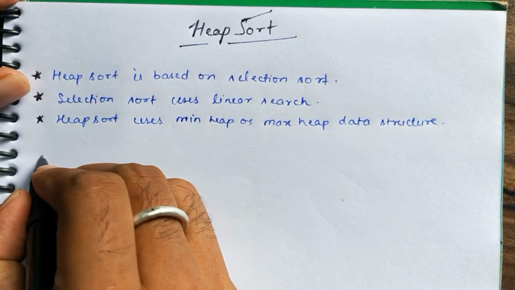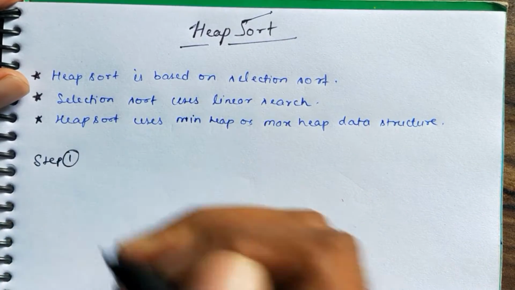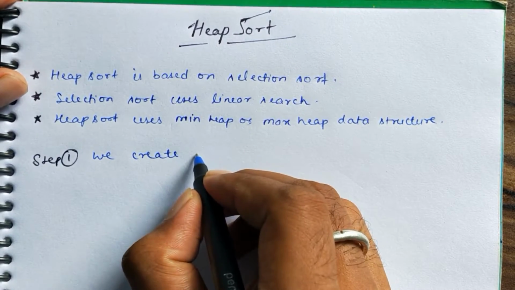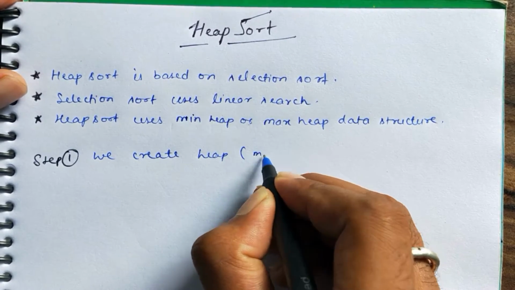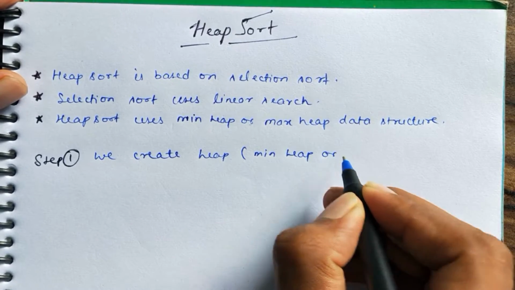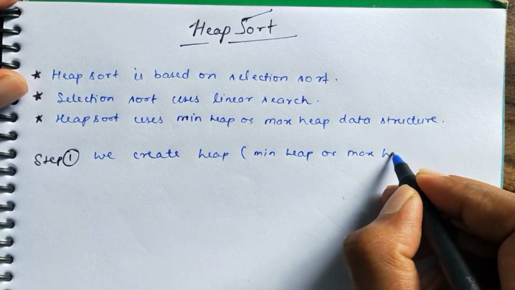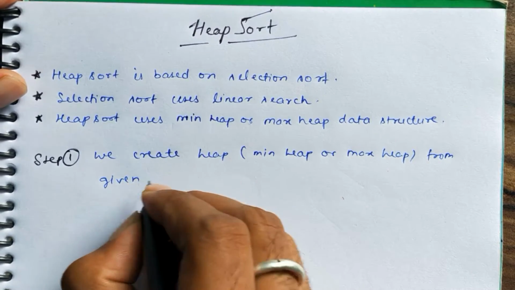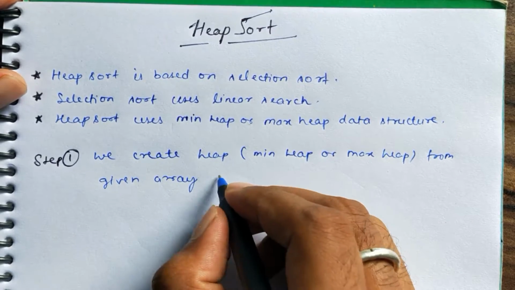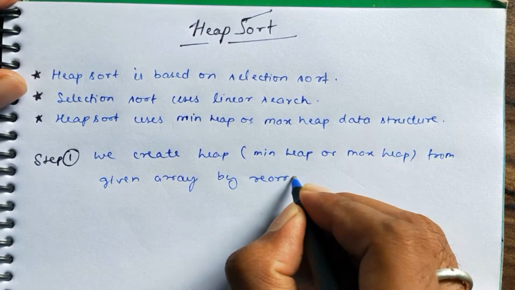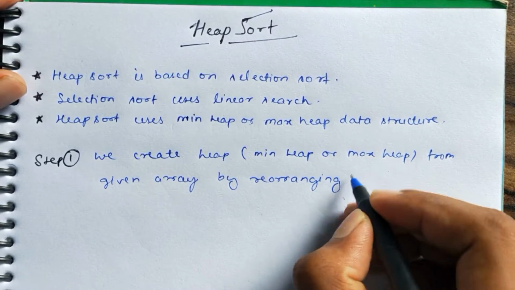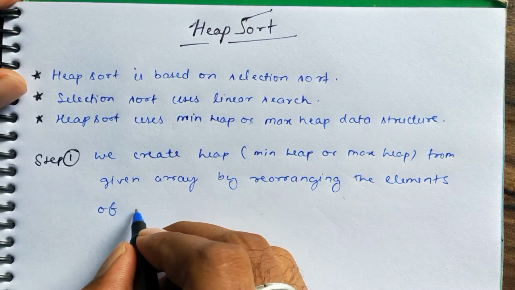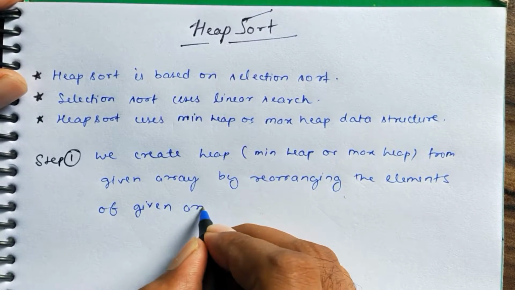So step 1. In step 1, we create a heap, that is min heap or max heap, from the given array by rearranging the elements of the given array.